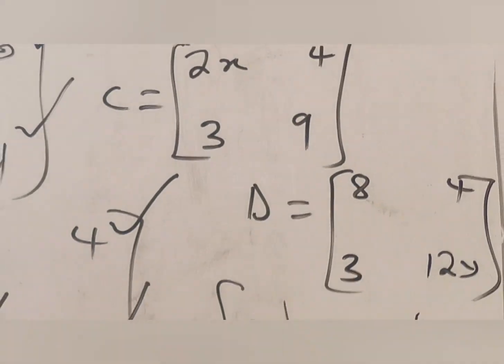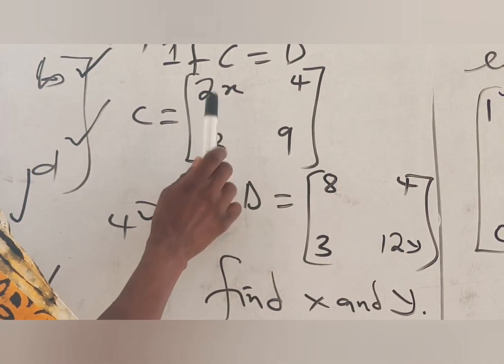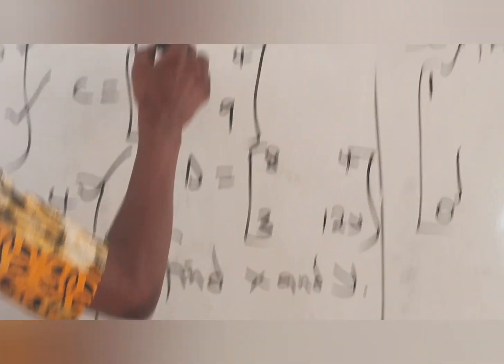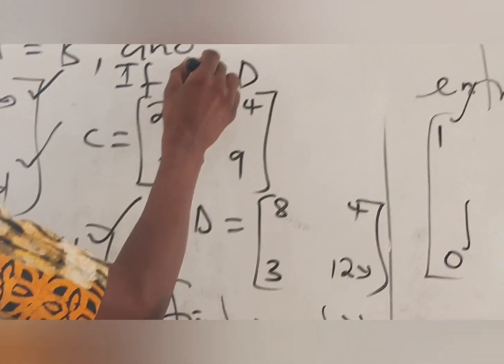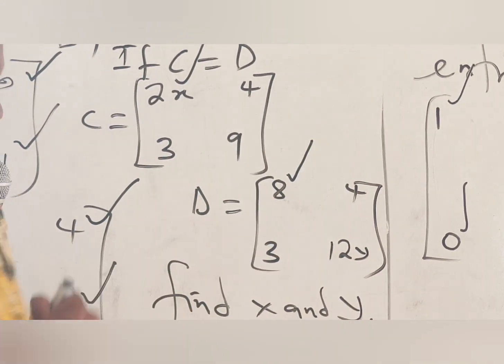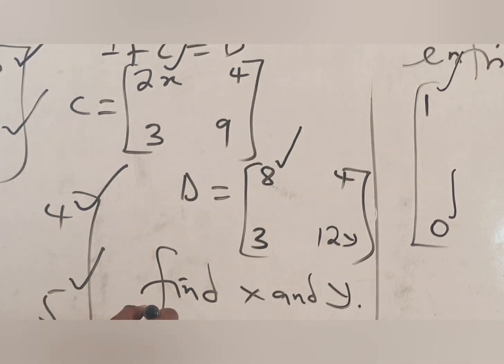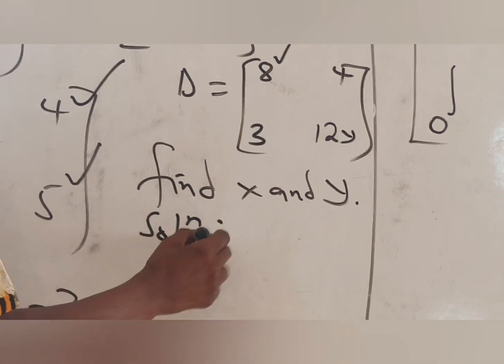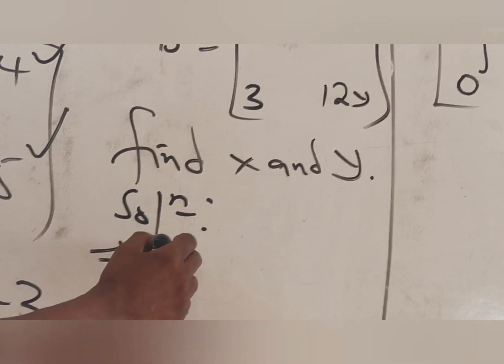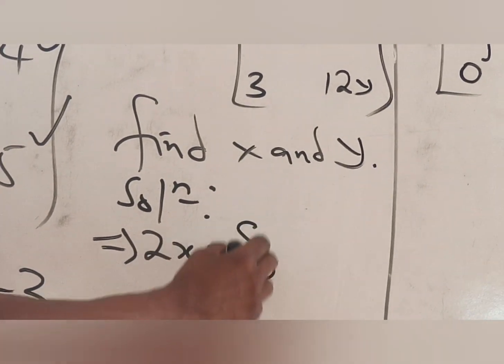You can see that. This matrix is equal to this matrix, which means the first entry on the top left must be equal to the first entry on the top left here also. So it implies that 2x is equal to what? 8.